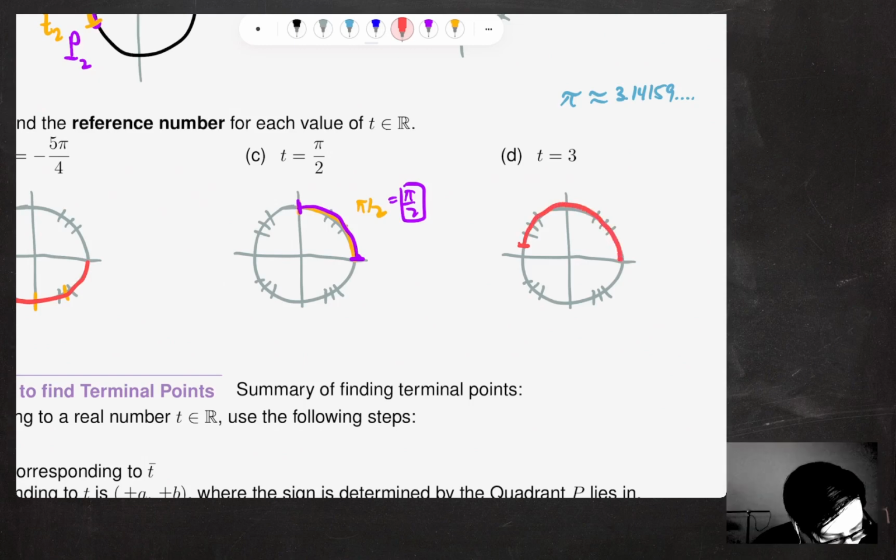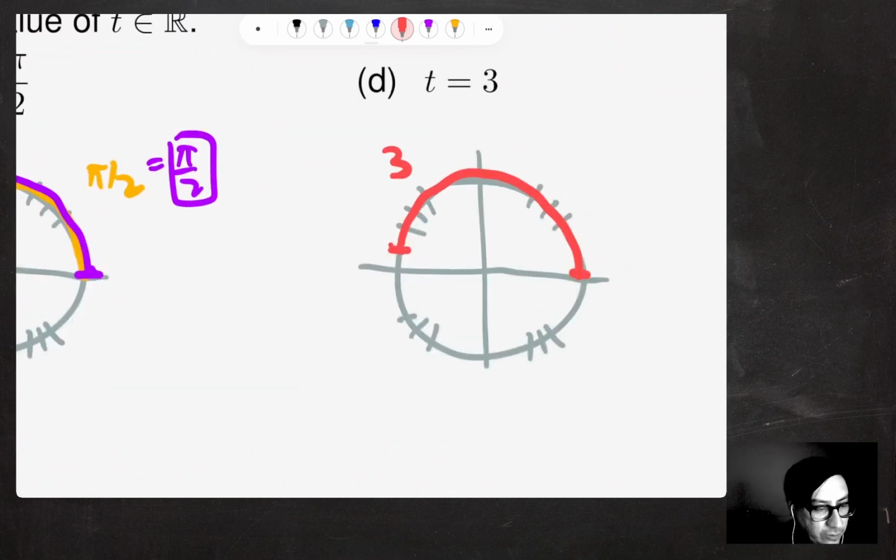The key thing here is it's not on a whisker. Whiskers are the only locations we know the exact coordinates of x and y. So if we get something over here, we don't know how to do the exact x and y coordinates. We'll talk later how we can do that, but for now, we just have to do it geometrically. Now, we're talking about reference angles.